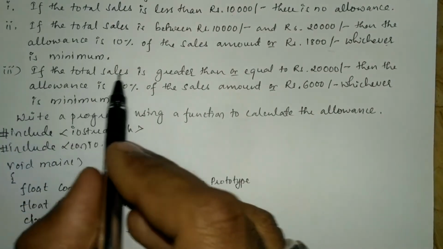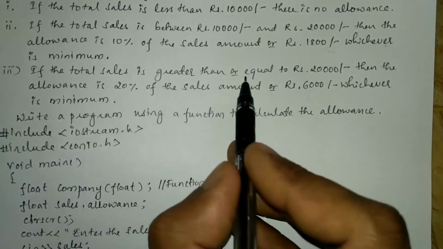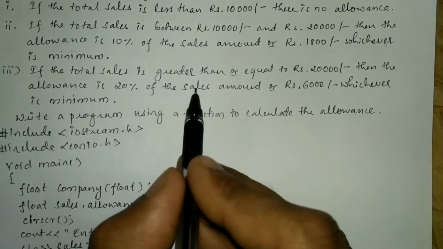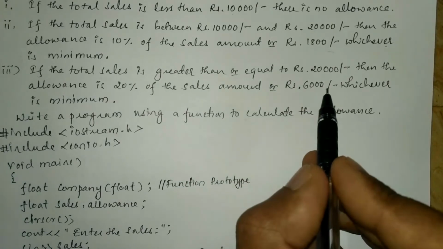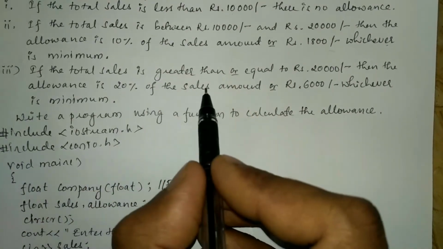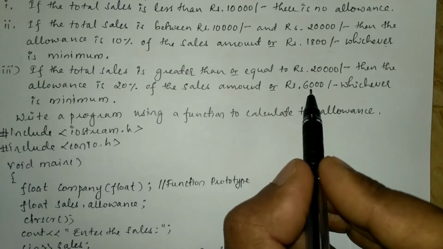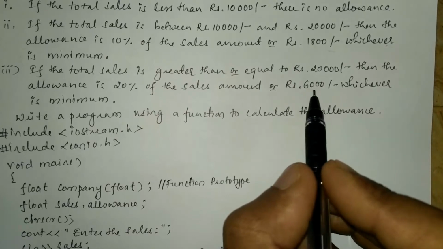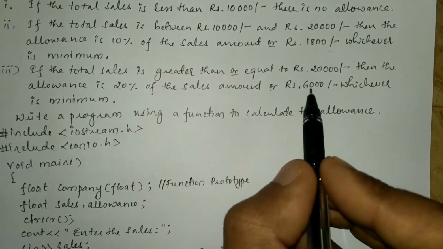If the total sales is greater than or equal to 20,000, then allowance is 20% of the sales amount or 6,000 rupees, whichever is minimum. If the 20% of the sales amount crosses more than 6,000, then we have to fix this with 6,000 only. It should not cross more than 6,000.